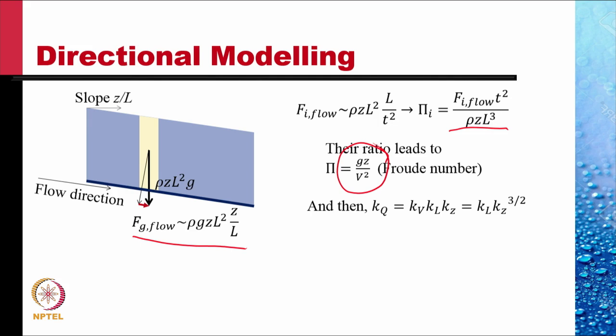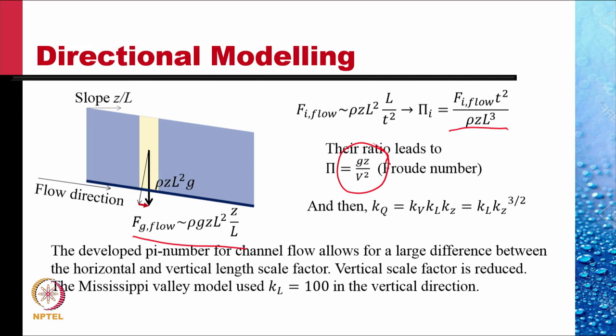Then the scale factor for the volume flow rate is Kv, Kl, Kz. And since Kv is square root of Kz, Kq is Kl, Kz raised to the power 3 by 2. The developed pi number for channel flow allows for a large difference between the horizontal and vertical scale factors. The vertical scale factor is reduced.